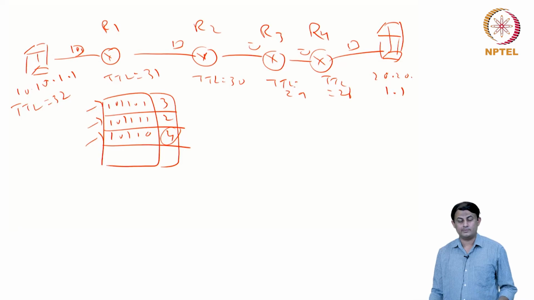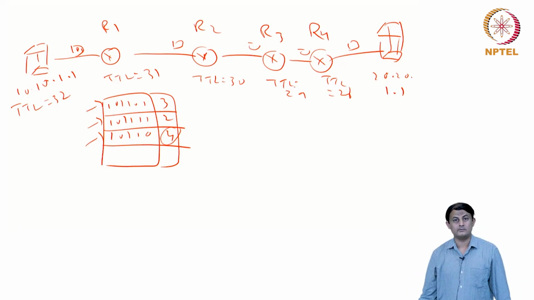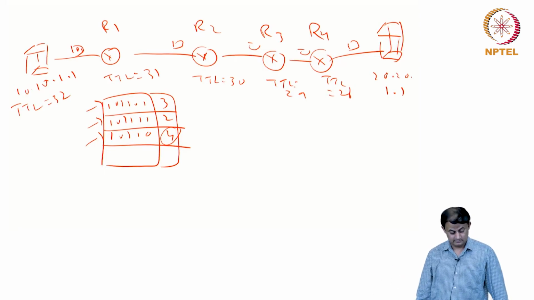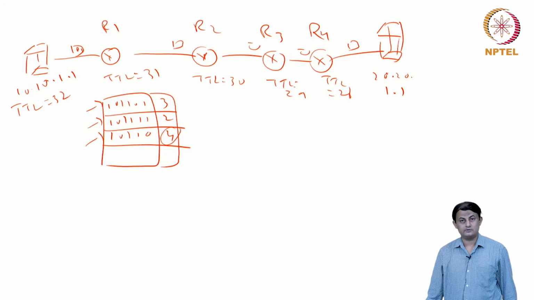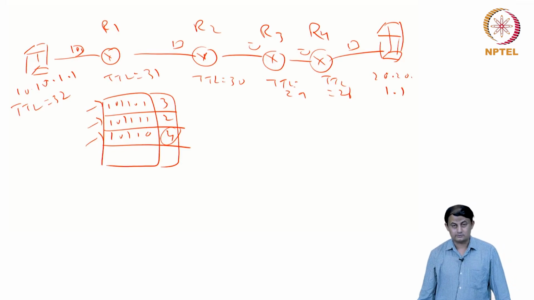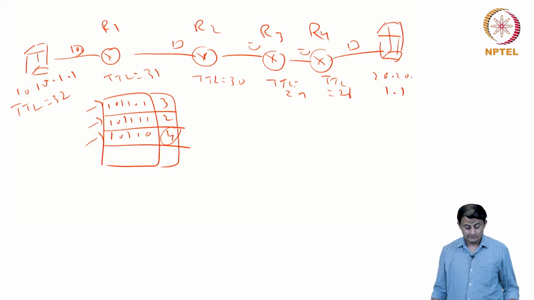We are operating with network links which are capable of transmitting at several Gbps. If that is the rate at which packets are coming to the router, and for every packet I need to make this lookup operation, what does it take?